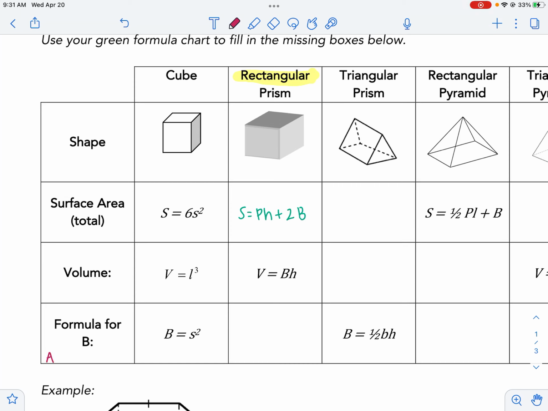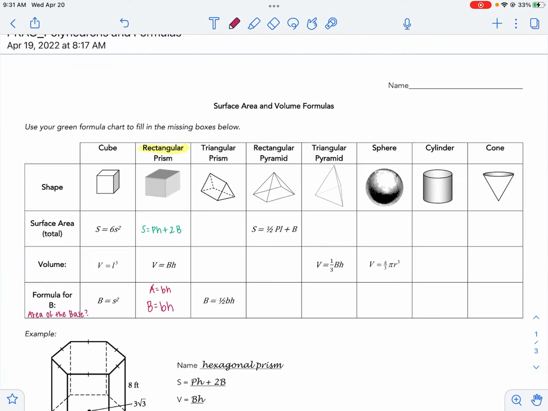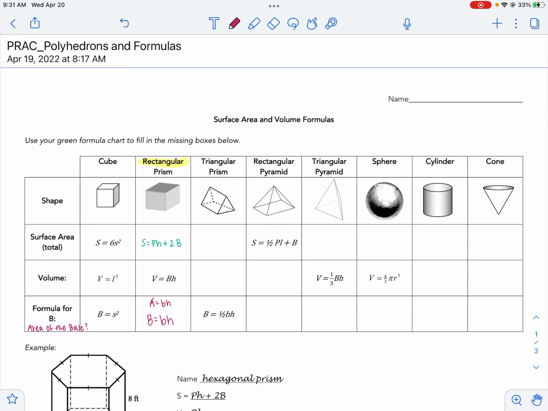So all that this is saying is to find the formula for B, how do you find the area of the base? Well, if it's a rectangular prism, the area of the base would be the area of a rectangle. The area of a rectangle would be base times height, but we're going to replace that A with a capital B. And that's it. So on this practice, all that you're simply doing is finding the formulas. No need to solve, no need to do any of that, but you do need to remember what shape is the base and then how you find those formulas.